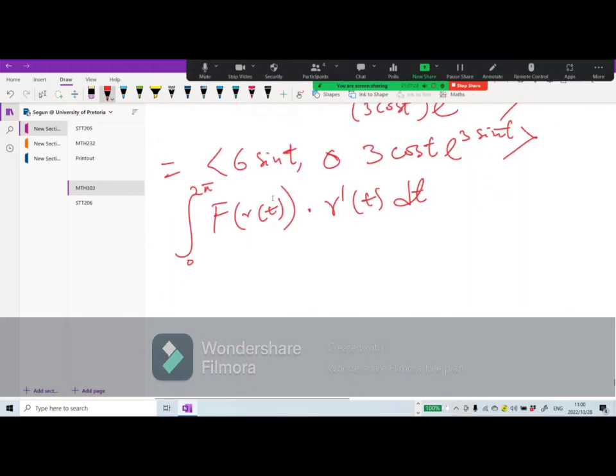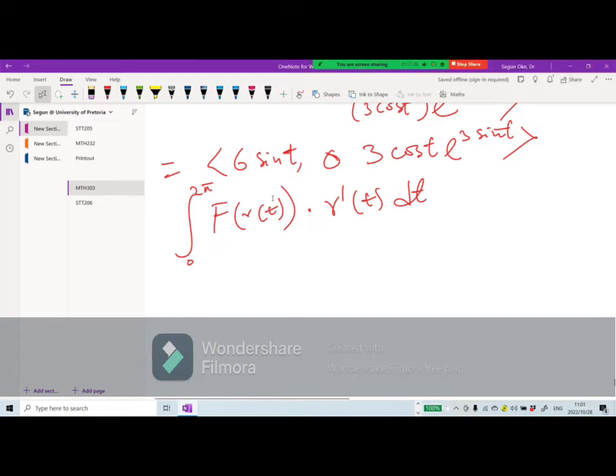So we can go ahead and substitute into this. When you substitute, what do you have? We are going to have the integral from 0 to 2 pi. Let's substitute. When you solve it very well, you have negative 18 sine t sine squared t plus 0 plus 0.